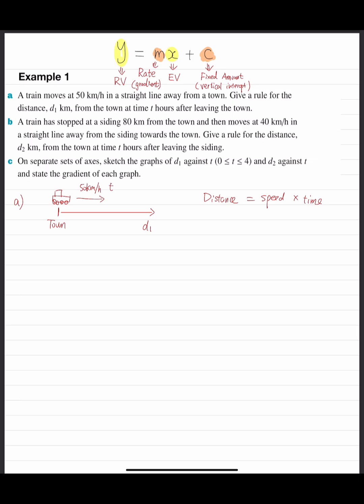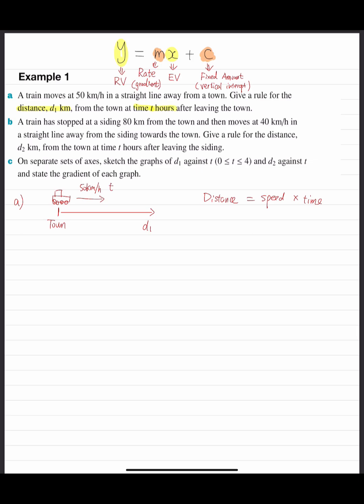In this case, we can use this information to construct a linear model. Firstly, let's identify the two key parameters, the explanatory variable and the response variable. Here I have the distance and the time t in hours.